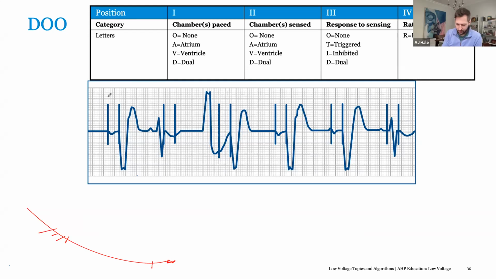Let me see if I can get this up here really quick. So looking at this one right now, from a 12-lead interpretation, it's not the most beneficial. But looking at it just from a pacer perspective, we're not really needing to pace. They have a steady PR.